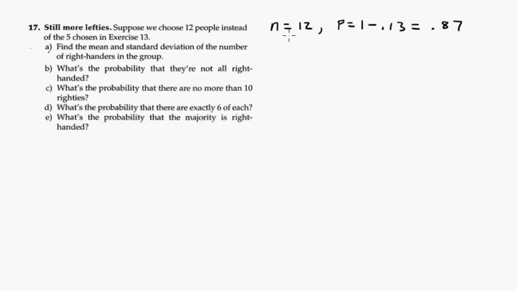Okay, so everything we did to confirm that this is a Bernoulli situation and binomial problems are still satisfied. So we're in good shape there. To find the mean, the expected value, we need a random variable. So we're just going to say let X be the number of right-handers.